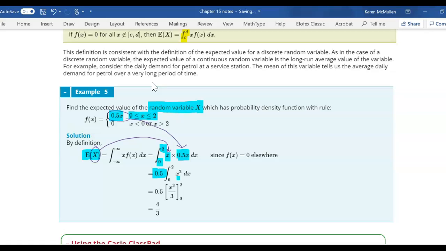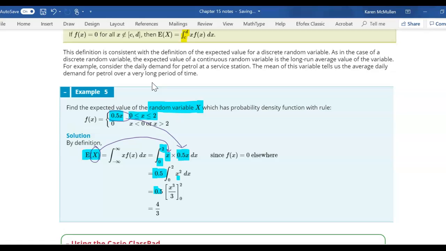The 0.5 is just a coefficient of x squared, it doesn't change your antiderivative, so we can take it out the front. So when we're doing the antiderivative, we can just stick with x squared. Now there's nothing wrong with keeping 0.5 in and taking the antiderivative, but if you're doing this by hand, it's just easier to take it out the front.